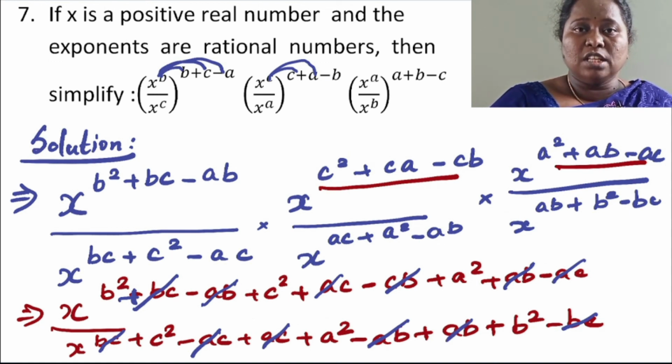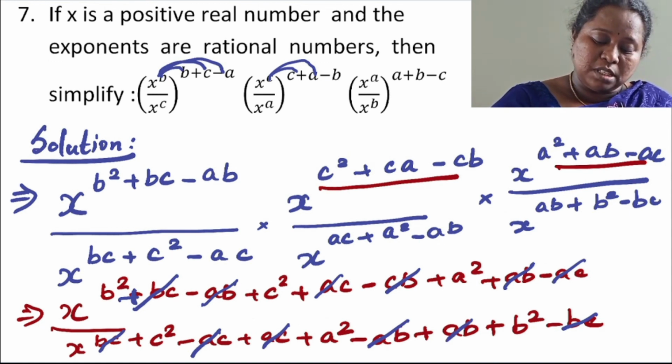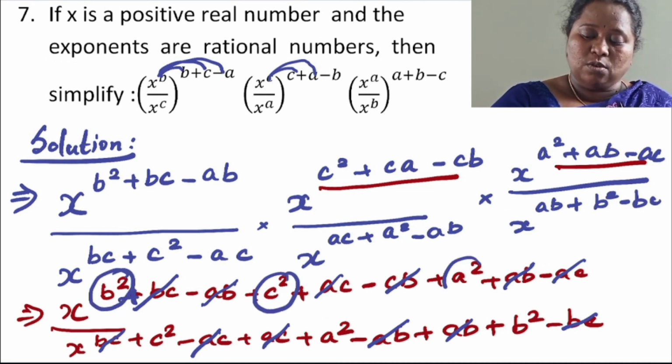If you cancel these things, what are the terms remaining? b squared, c squared, a squared. Similarly, in the denominator, c squared, a squared, b squared.